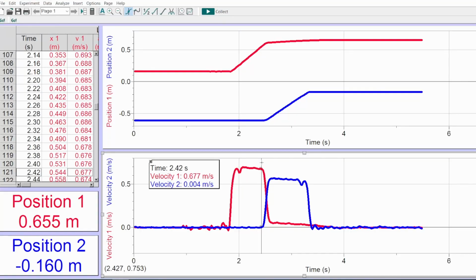So, just before the collision, velocity 1 is 0.667 meters per second. Velocity 2 is, again, essentially 0. Just after the collision, velocity 1 is 0.056 meters per second. Velocity 2 is 0.564 meters per second. Okay.